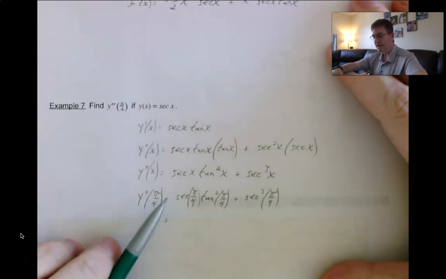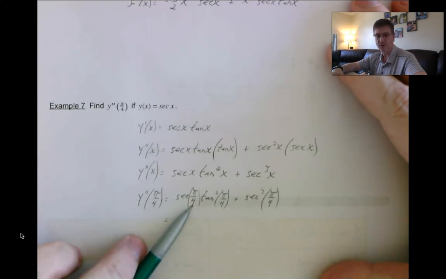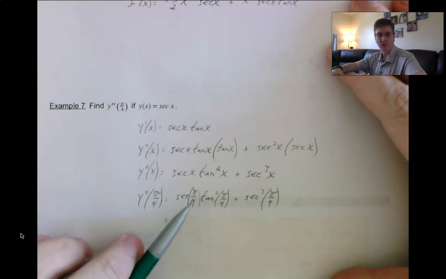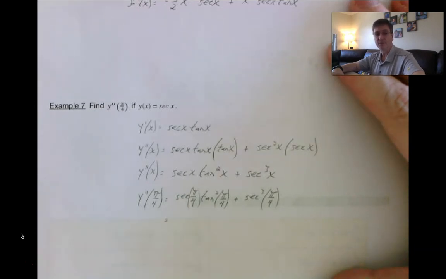So secant is the reciprocal of cosine. If you remember your unit circle, pi over 4, that's 45 degrees in the first quadrant. The coordinates at pi over 4 are square root 2 over 2, comma square root 2 over 2. Sine is the y value, cosine is the x value. So secant's the reciprocal of the x value. Secant is the reciprocal of square root 2 over 2. So the reciprocal of square root 2 over 2 is square root 2.